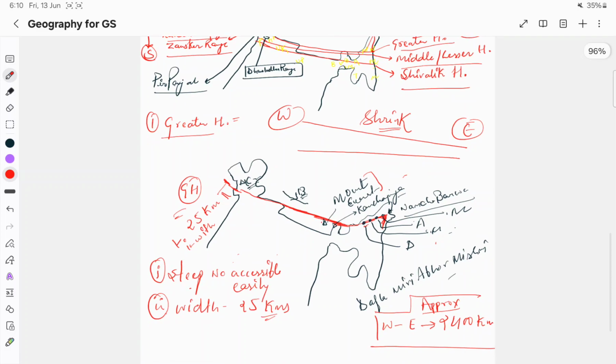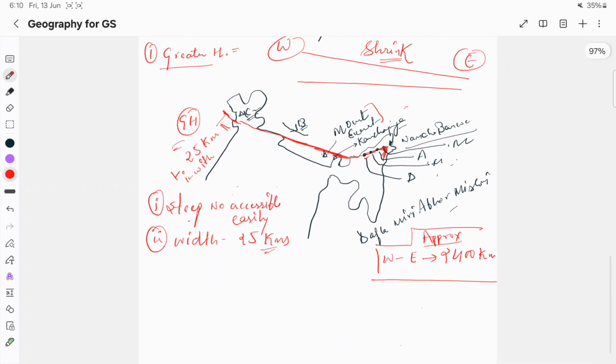Then we started with the Greater Himalayas. In Greater Himalayas, we see the longitudinal extents and latitudinal extents. In simple words, we'll look into the north-south and east-west expansions of Himalayas. Broadly speaking, Himalaya from west to east is nearly 2400 kilometers, right? Moving forward, we'll start from Greater Himalayas.